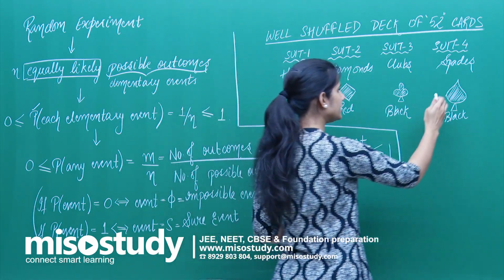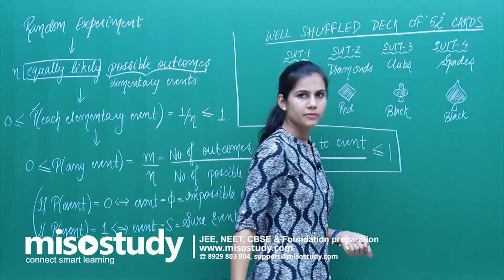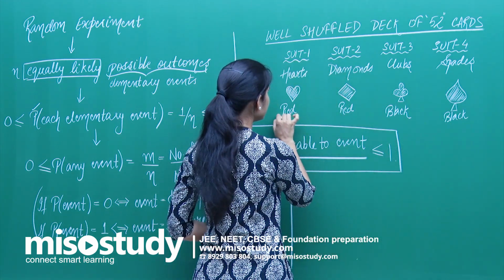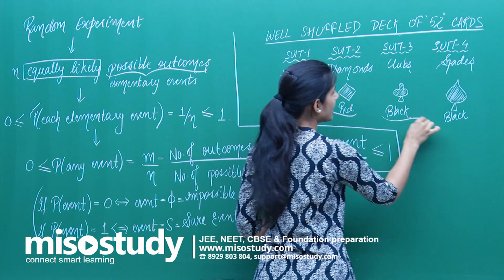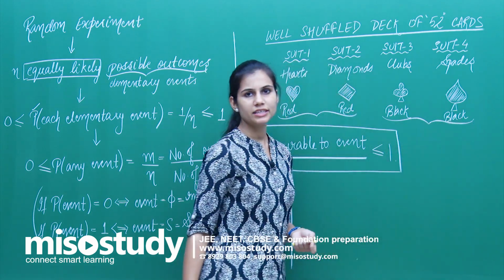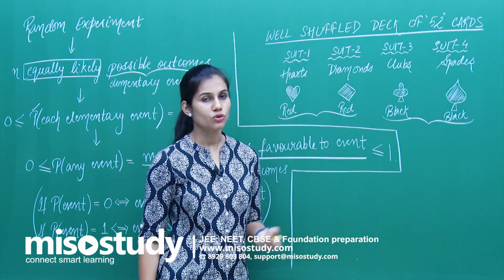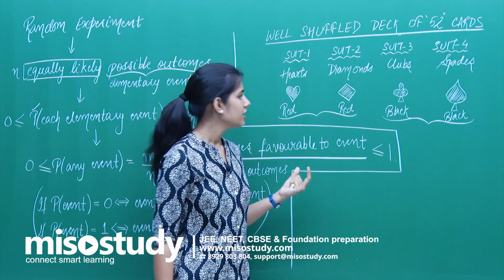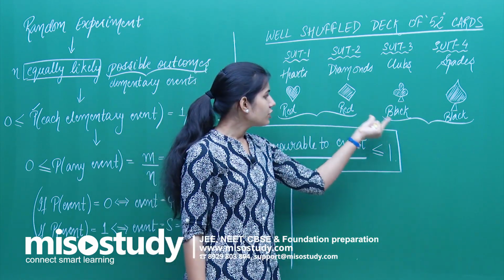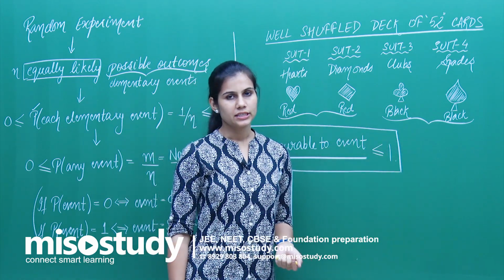You know this, you have seen the deck of cards. That means you can see that there are only red cards and black cards in the deck. There is no other color there in the deck of cards. Now, each one of the suits is equally distributed in this deck.